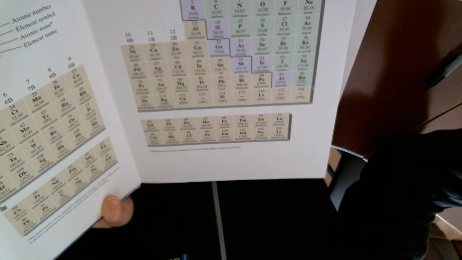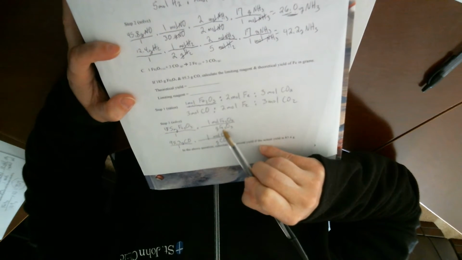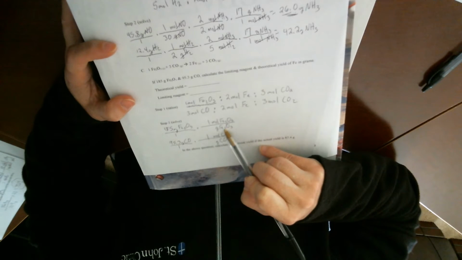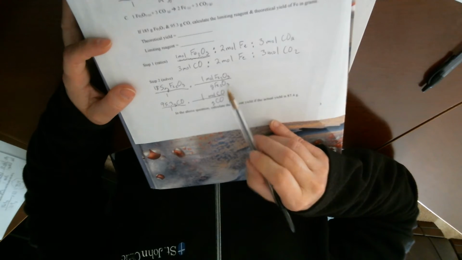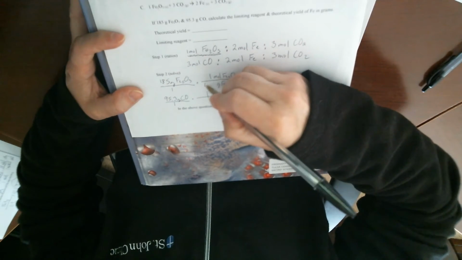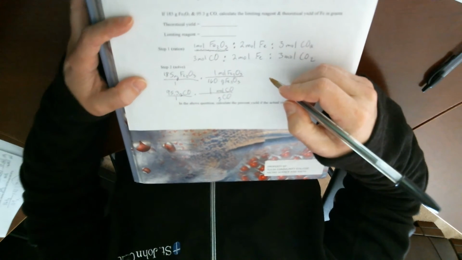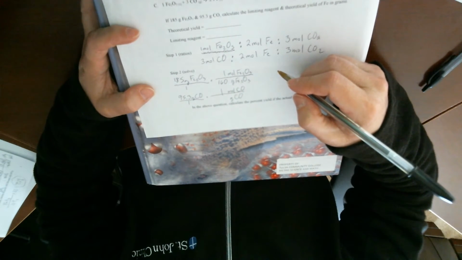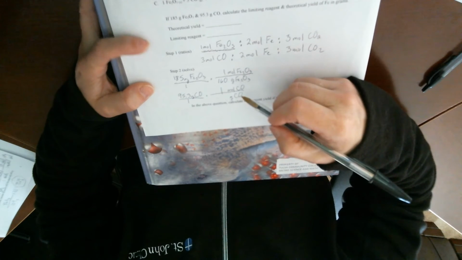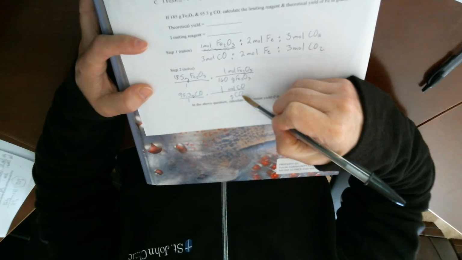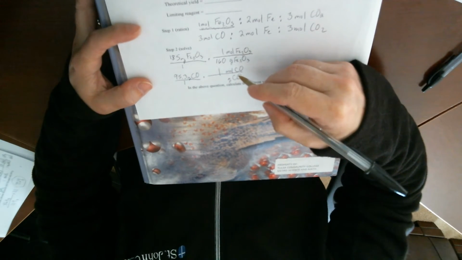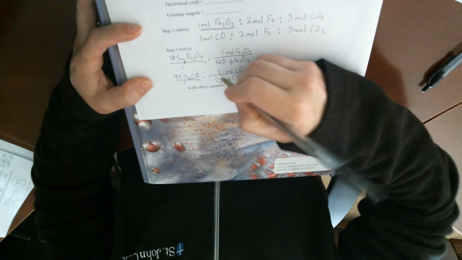Iron is 56. So you go 56 times 2 plus the oxygen, 16 times 3, and you should get 160. And down here, you'll look up the mass of carbon, which is 12, and the mass of oxygen, which is 16, and they're just one of each, so that would be 28.